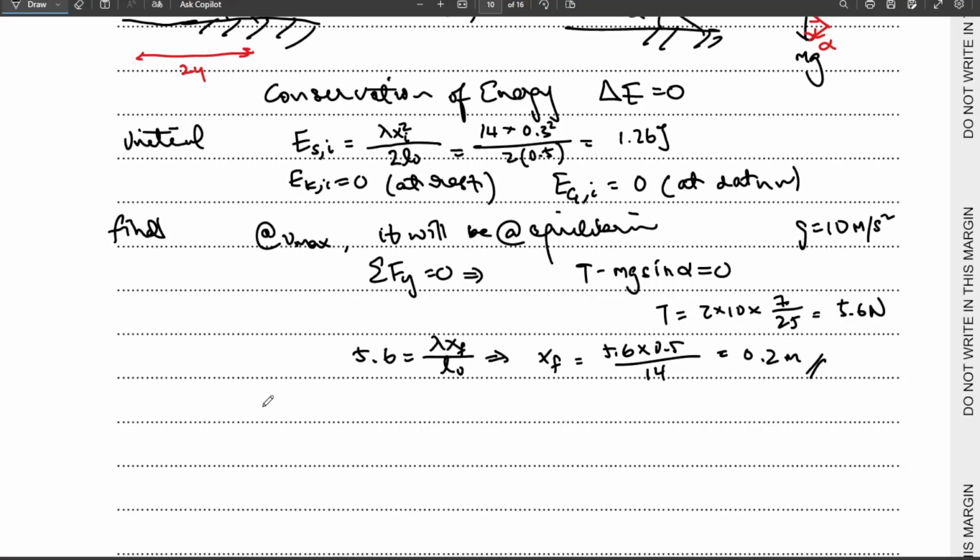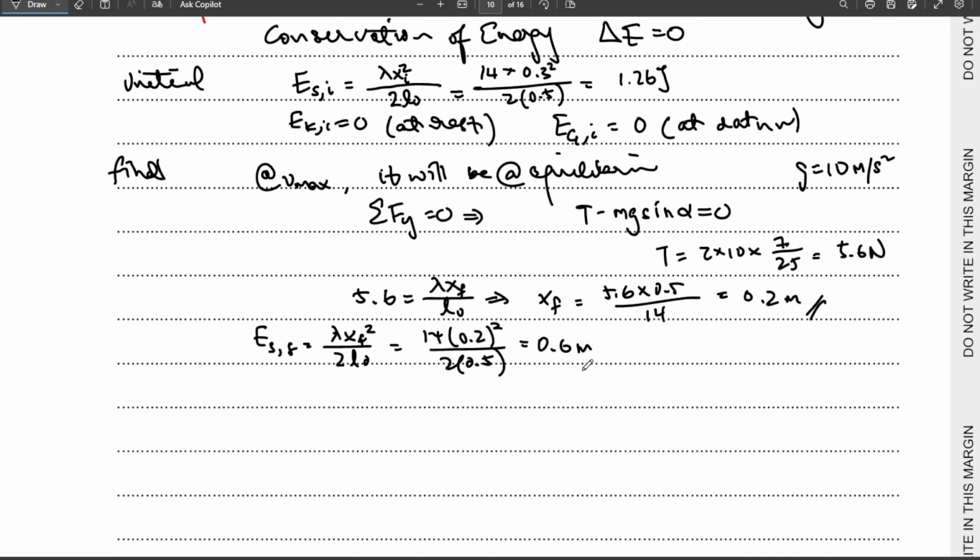Okay, the final energies. We have the spring energy, E spring final, so again using the formula, lambda x f squared over 2 L naught. And kinetic energy: we don't know the velocity, that's what we want to find. So we use the formula, half m v squared, v max squared.